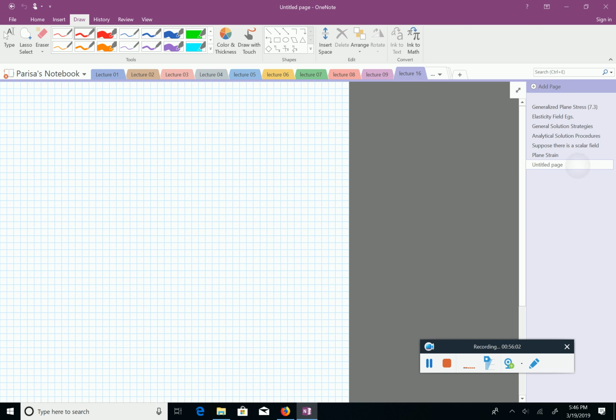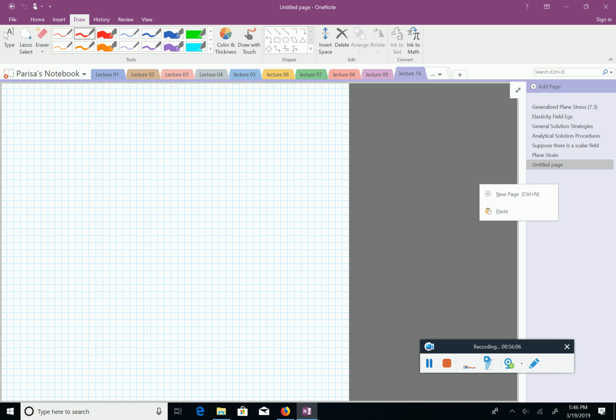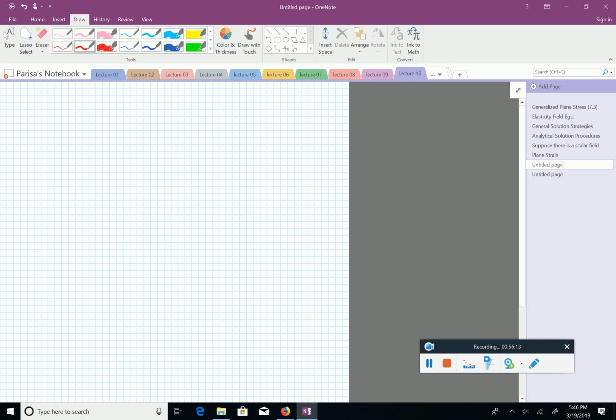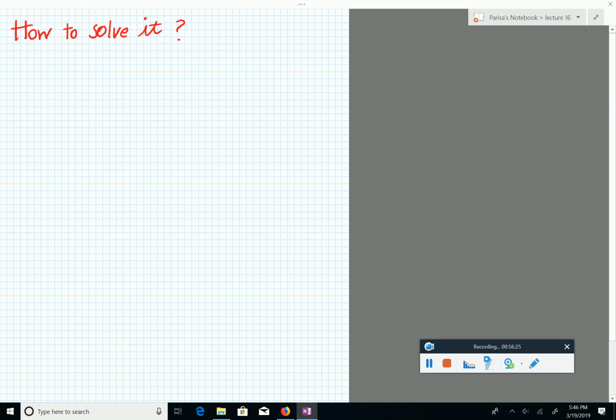So then the question is, okay, now we learned about this mysterious function. How are we going to solve it? How are we solving it?